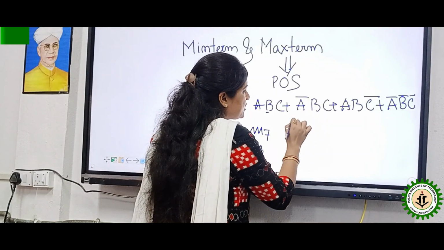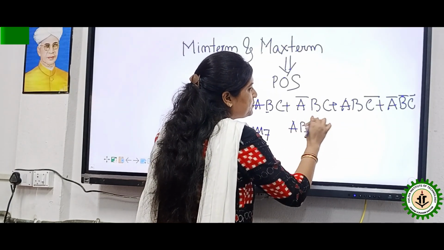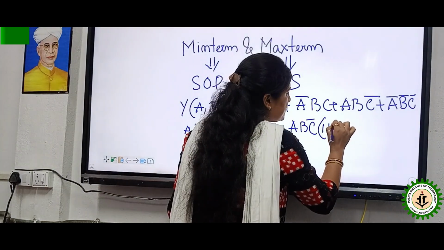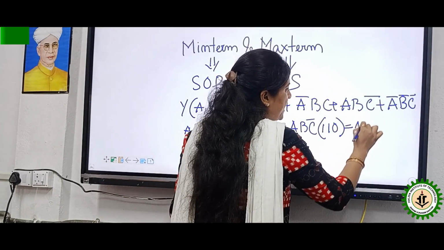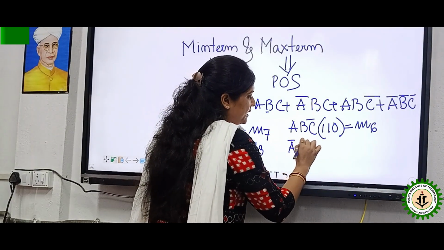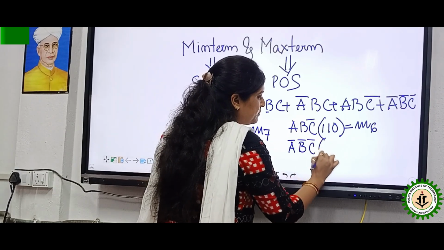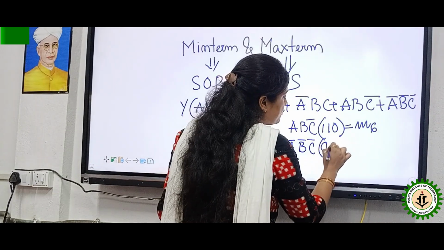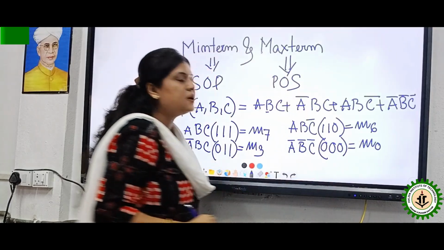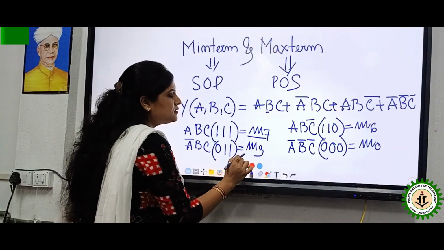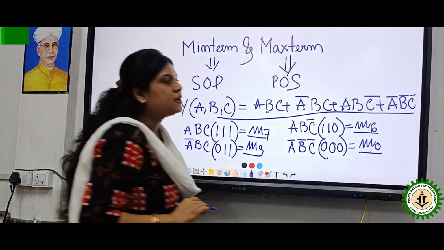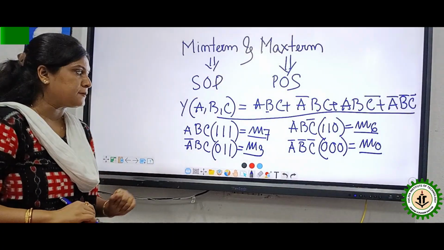Next expression is A, B, C complement. So it can be written as 1, 1, 0. So 1, 1, 0 means M6. A complement, B complement, C complement can be written as 0, 0, 0. So it will be M0. Now these are the min terms of this canonical form of the expression.